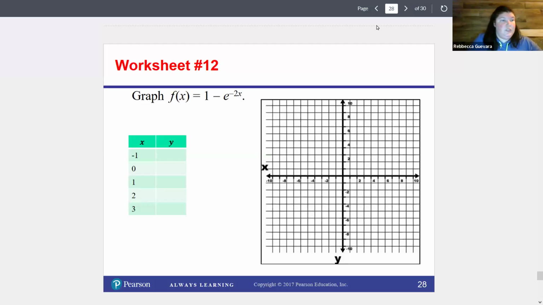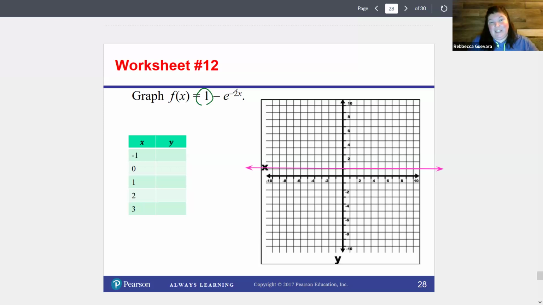For this one, we're adding on the outside, so I'm expecting an asymptote at about 1. The question is, am I coming up to the asymptote from underneath, or coming down from above it?